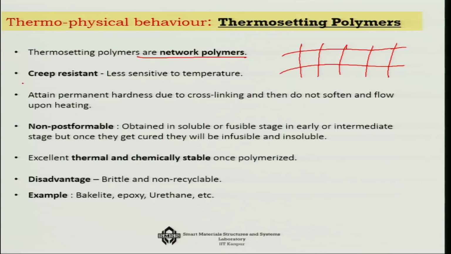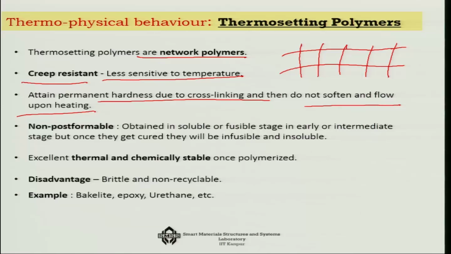As a result, they are creep resistant, they are less sensitive to temperature, and they attain permanent hardness due to cross linking. And once again I want you to recall the super glue example, that once it gets networked, then it does not soften and flow upon heating. That is the good part of it, but that also means that it is not post formable.